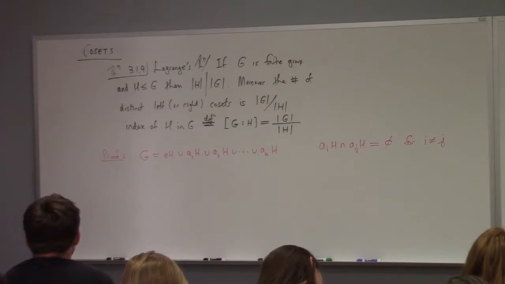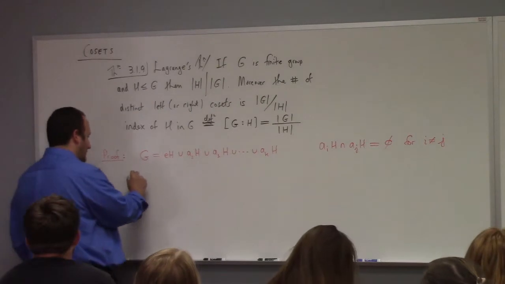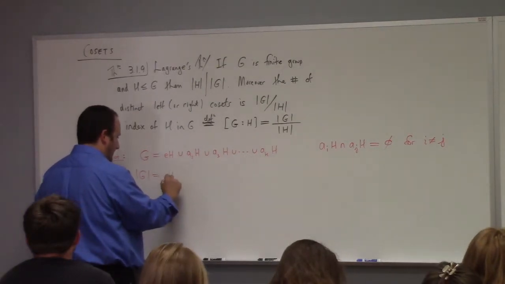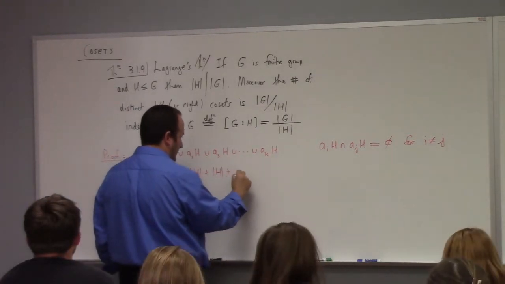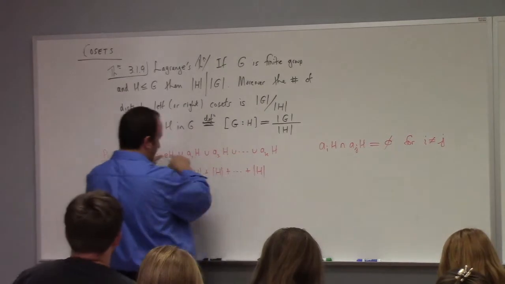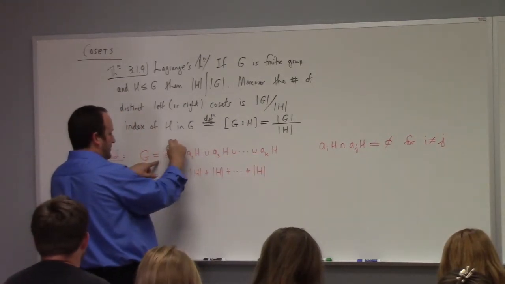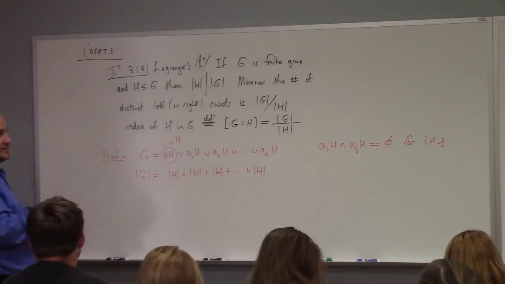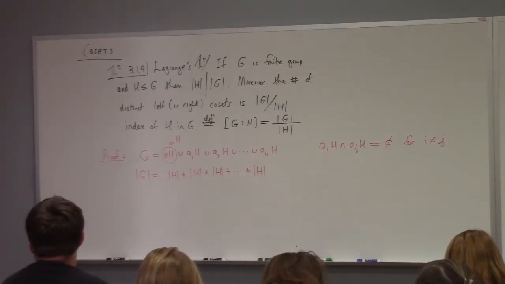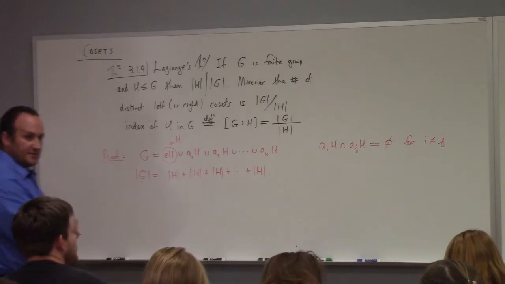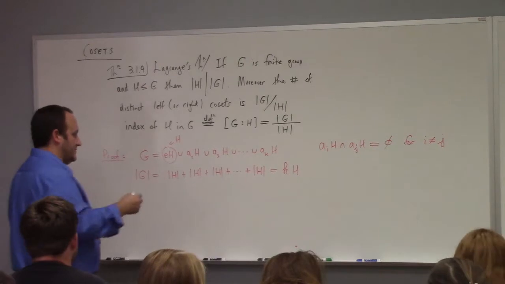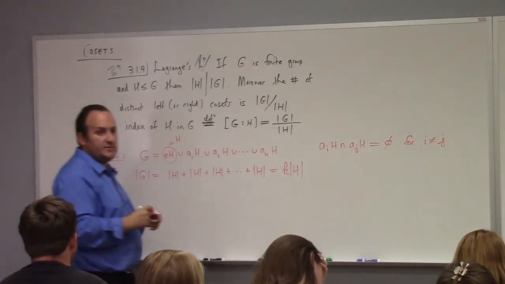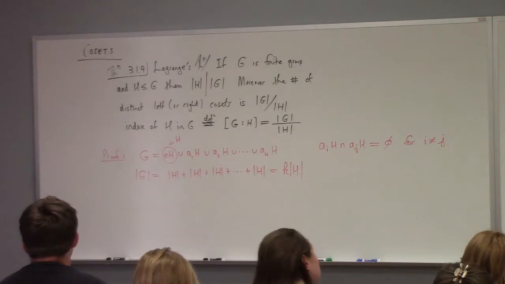As many things as in the subgroup. So count: the order of G is equal to the order of H plus the order of H plus the order of H plus and so on, plus the order of H, because these are all the same size as H by part 5. That is equal to k times the order of H, which shows you that the order of H divides the order of G.